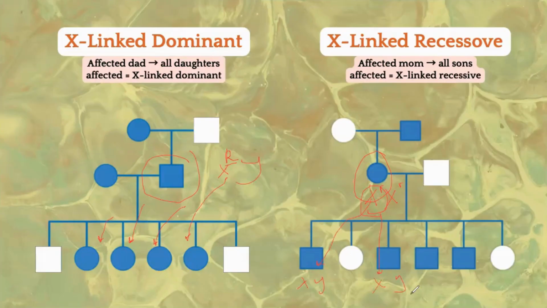Because the father has to give the Y, that X chromosome will be the one that's affected. So you'll notice that in pedigrees with X-linked dominant, a whole generation of females have the disease, and with X-linked recessive, all the males have the disease. That's how you can tell the difference.